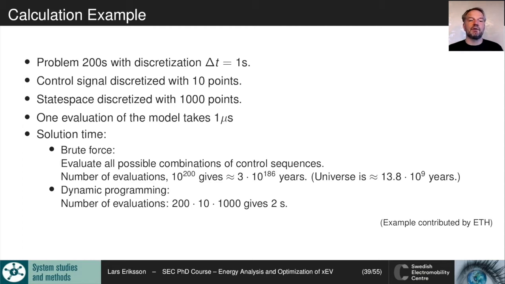But if we do it with the dynamic programming and we use the forward approach with discretizing the control and interpolating, then we can solve the same problem in only 2 seconds. So this is quite a good way forward for solving this kind of combinatorial problems. This example was provided by my colleagues at Swiss Federal Institute of Technology.